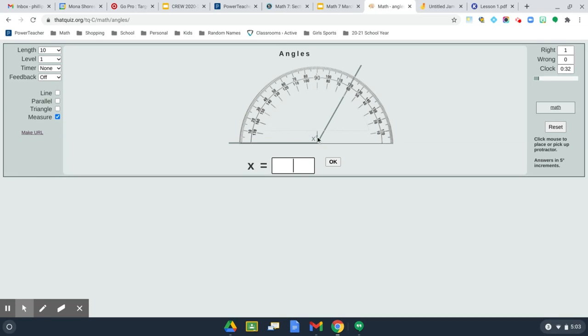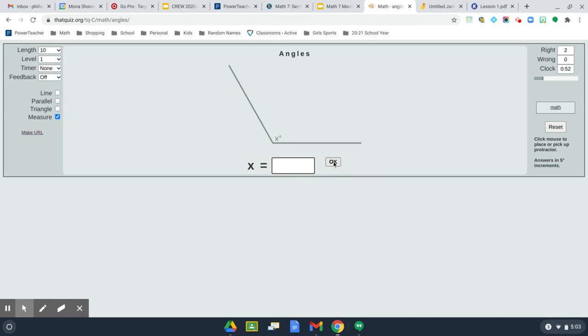So now when I follow the top ray or line up on that angle and I see it going through again 60 and 120, this time I'm choosing 120 because I understand that that is an obtuse angle that has to be greater than 90 degrees. That measurement works. Okay.